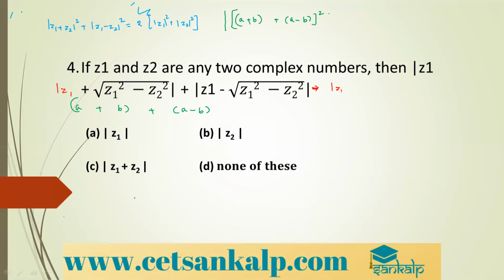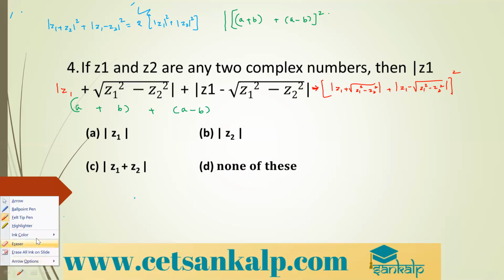I will take Z1 plus square root of Z1 square minus Z2 square plus Z1 minus square root of Z1 square minus Z2 square, and then I will square it. So this is an easy formula for you.